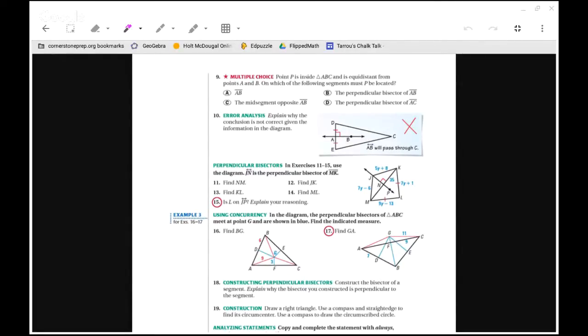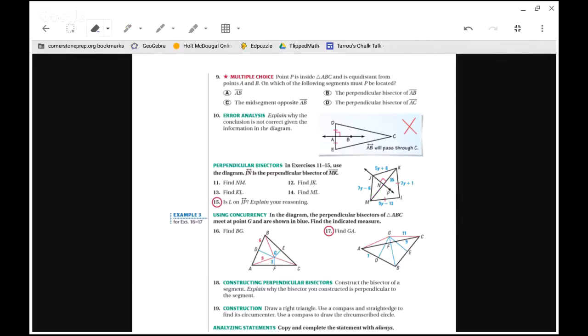Okay, so number 11 says to find NM. All right, so we need to be able to find the measure of that segment. So let's look at where NM is. It's right here, okay? Now, if we look at our picture, we see that JN is a bisector, or, well, let's see.